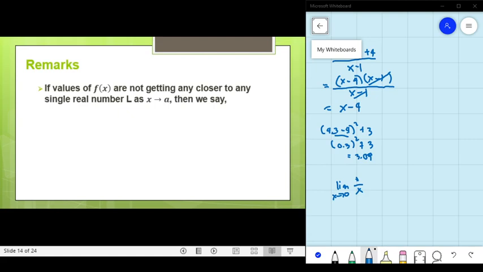Okay, so if the values of f of x are not getting any closer to any single real number L as x approaches a, then we say that the limit of f of x as x approaches a does not exist.